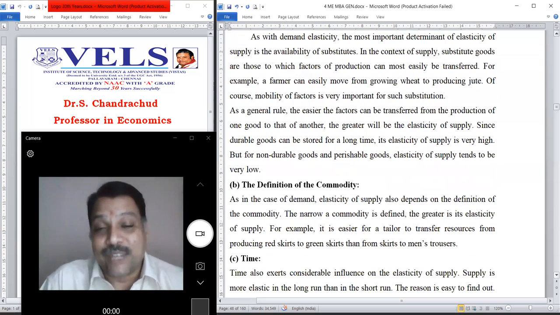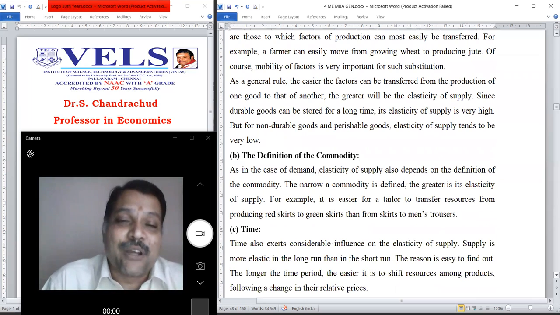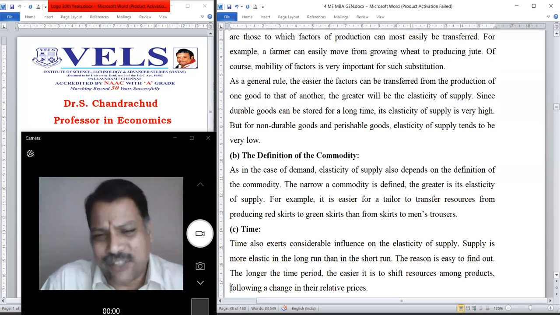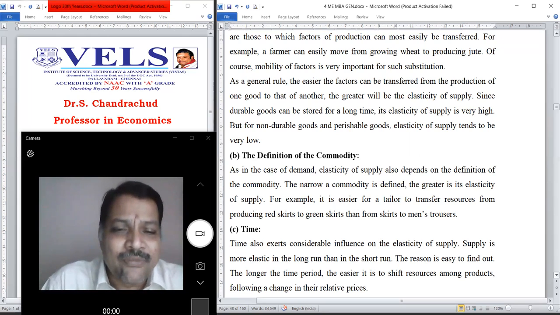Then the second one is the definition of the product. As in the case of demand, the elasticity of supply also depends on the definition of the commodity. The more narrowly the commodity is defined, the greater the elasticity of supply. For example, it is easier for a tailor to transfer resources from producing a red skirt to a green skirt, but from skirt to trouser it is difficult.